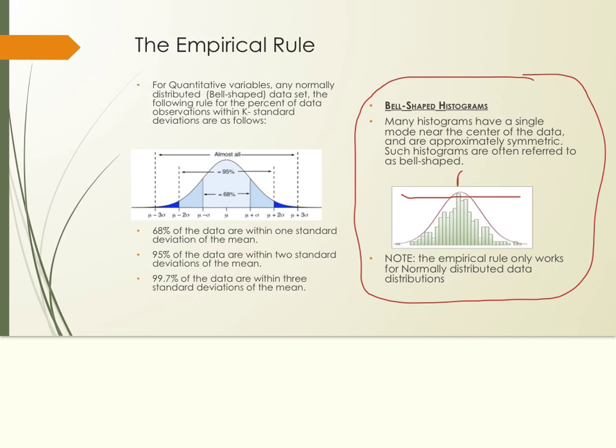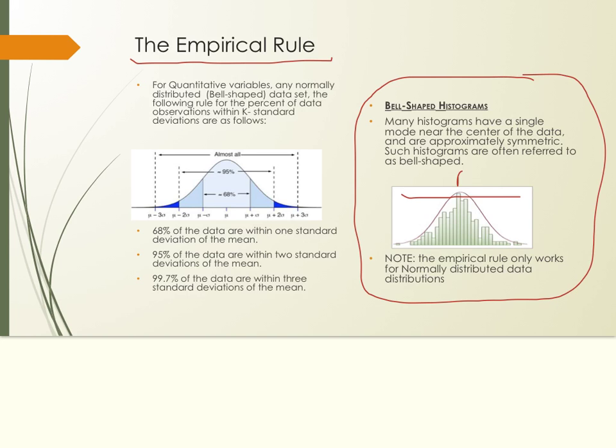So many histograms that have a single mode near the center of the data and are approximately symmetric, such as the histogram below, is referred to as bell-shaped. And in some cases, we consider it approximately normal in future chapters. We will note that the empirical rule only works for normally distributed data distributions like the bell-shaped curve.